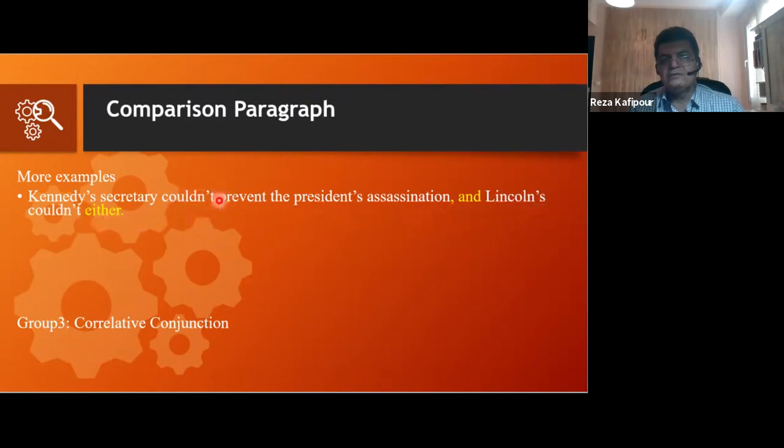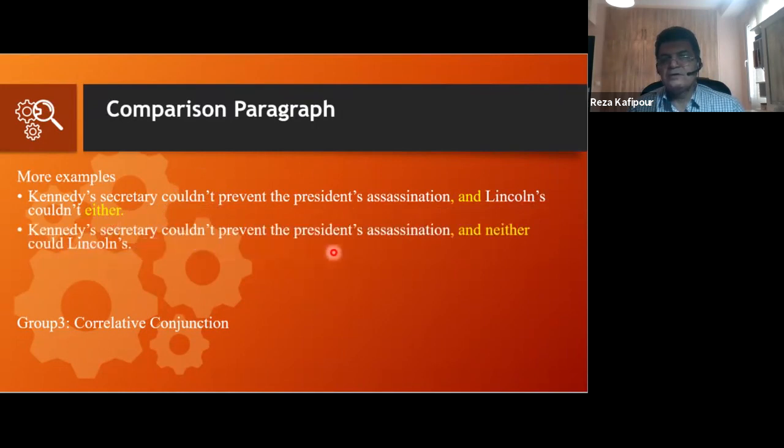Auxiliary verb in negative form and either at the end. Or Kennedy's secretary couldn't prevent the president's assassination and neither could Lincoln's secretary, that we use short form Lincoln. So after neither, we need a positive auxiliary verb, we said, because neither itself is negative.